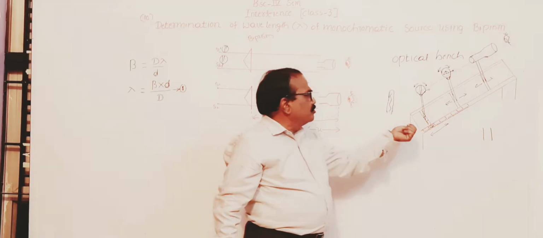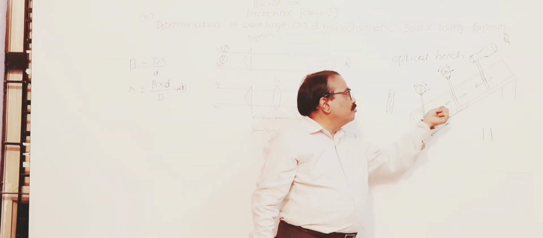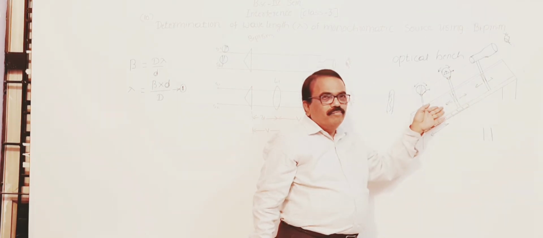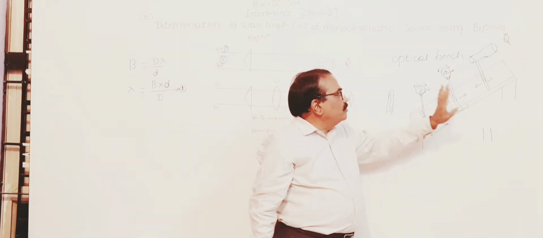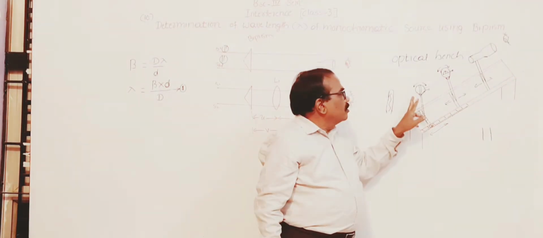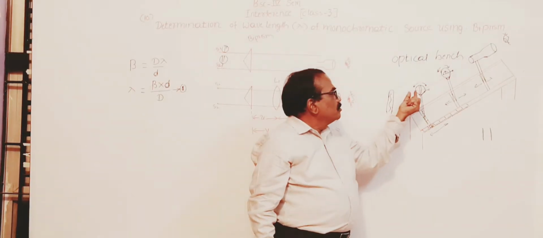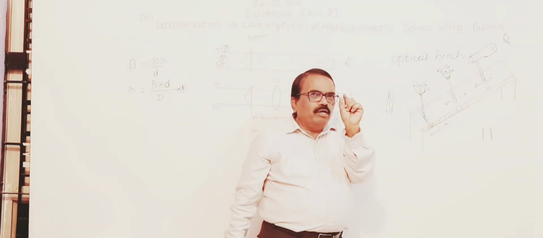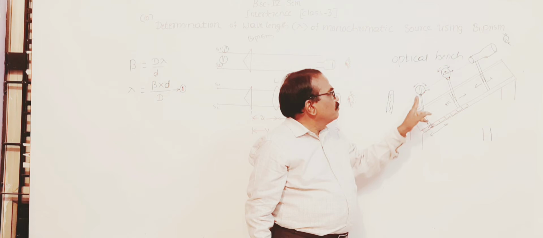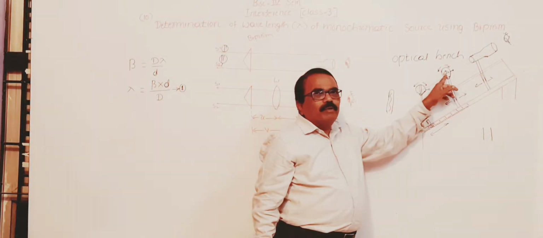I told you that it is possible to move all these three. So keep this eyepiece constant. Keep slit width also at the same place. Make it as narrow as possible. Then this slit should be parallel to the edge of this biprism.